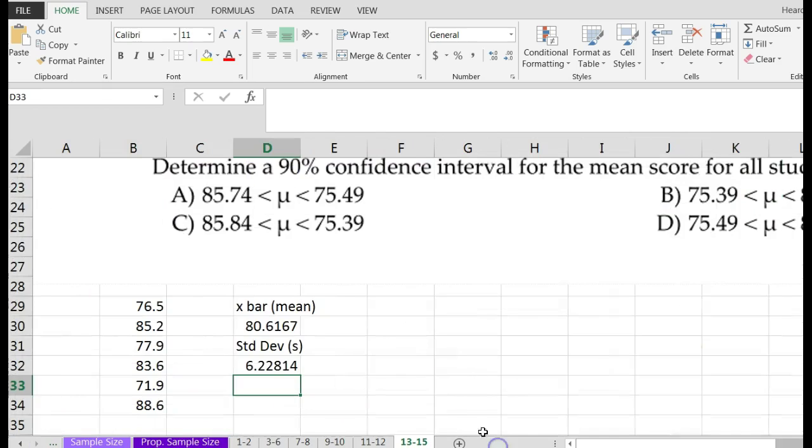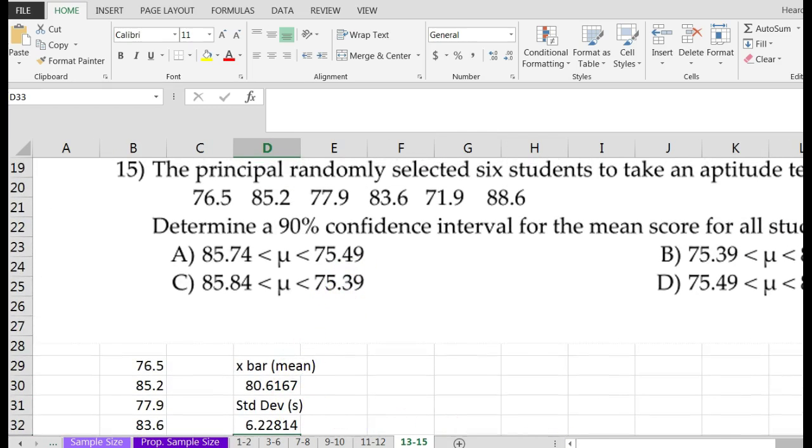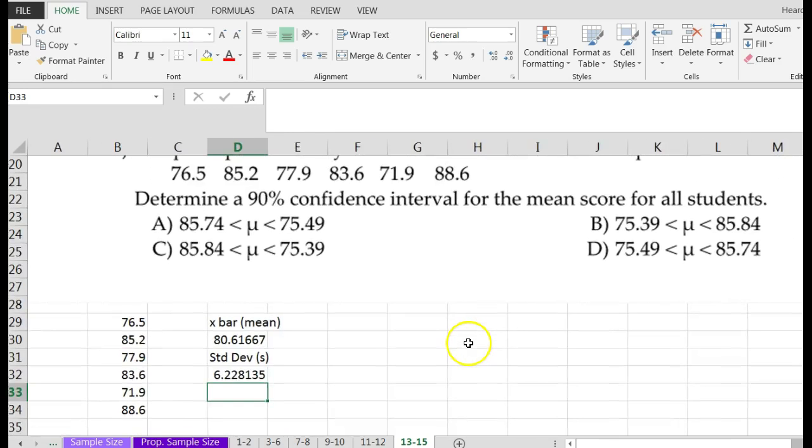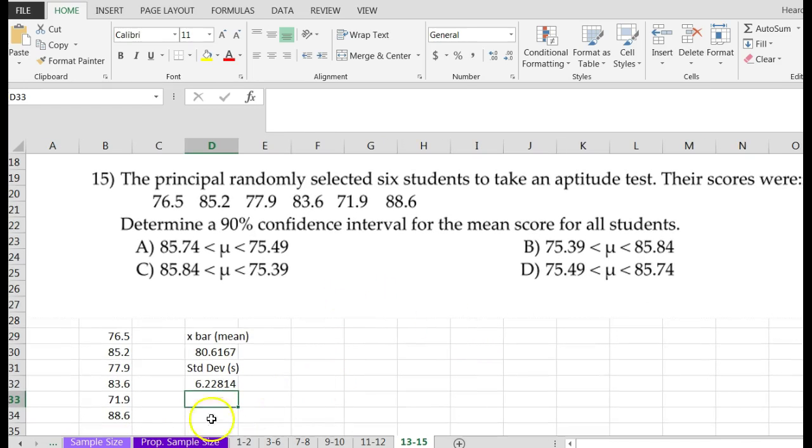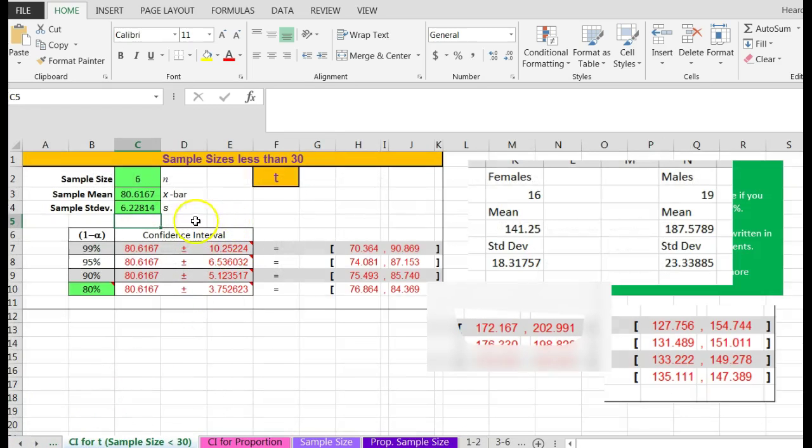Let's see. 90% confidence interval. Okay, let's make this smaller so we can see this. So I'll go back over to my confidence interval for T. 90%. Looks like to 2 decimal places it will be 75.49 to 85.74. All right, y'all remember that for me.